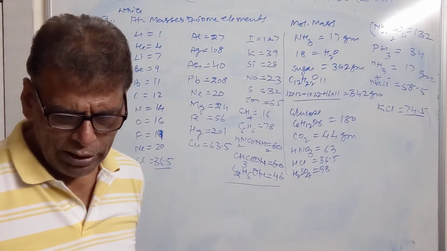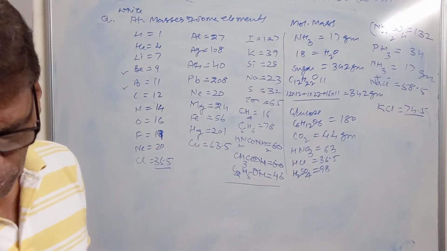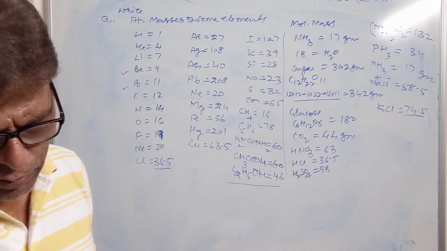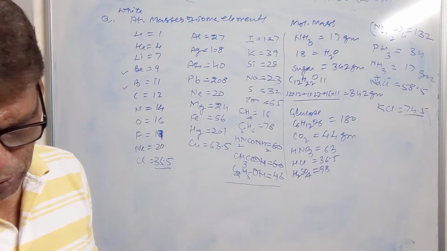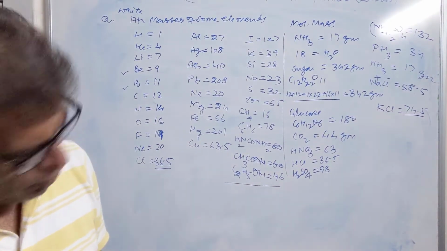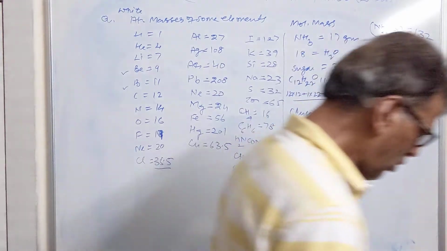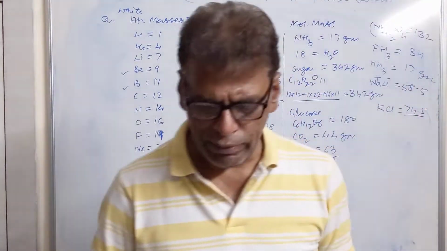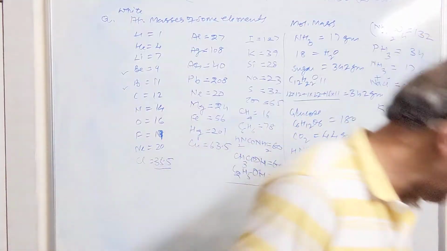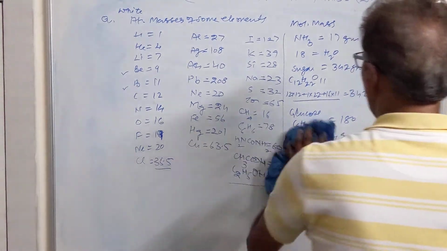Then we come to the numerical problems, the applications of the mole concept, which will help us to solve numerical problems. We have already done a few problems on the mole concept, and we can do 2-3 more problems.